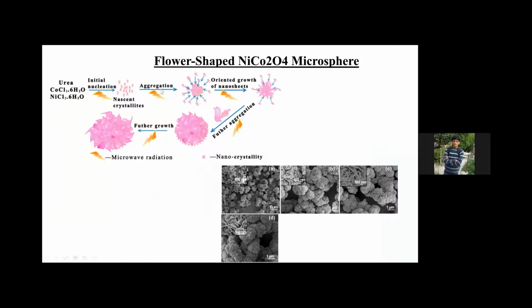First we mix it, and after that the hydrothermal reaction happens. Inside, an aggregation mechanism happens, and as a result the nickel and cobalt hydroxide is formed in a flower shape, as we can see here.